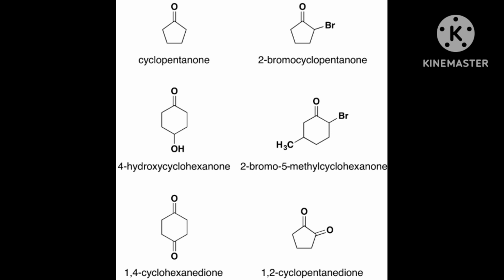That will remain as it is, and that unhybridized p orbital will take part in making a pi bond. If 2 carbons are there, 1 each, then that will make 1 pi bond. If both carbons have 2 unhybridized p orbitals, they will make 2 pi bonds.